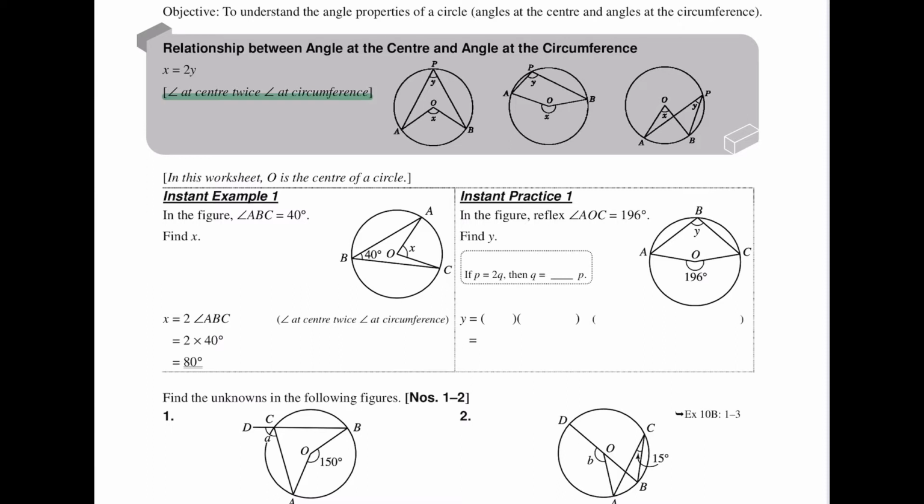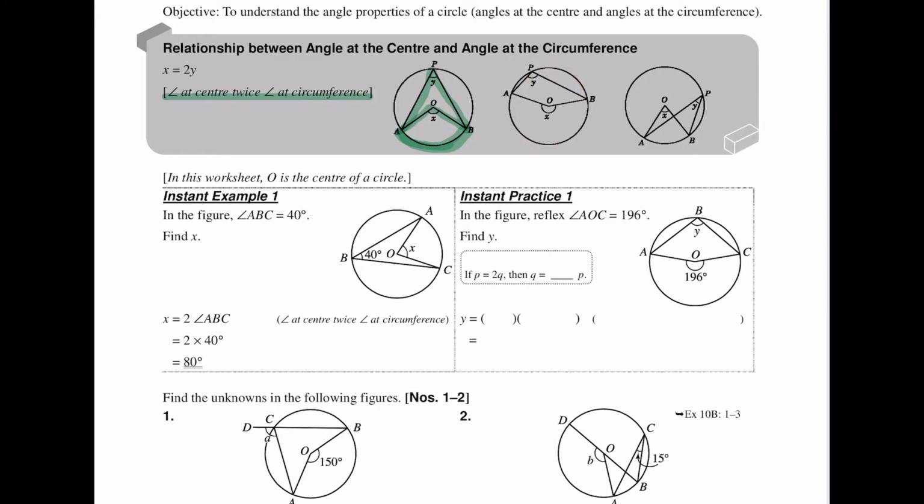For this x, it comes from A and B on this side, and this A and B also goes here for the circumference. So if the base arcs are the same, then the angle at the center will be twice the angle at the circumference.